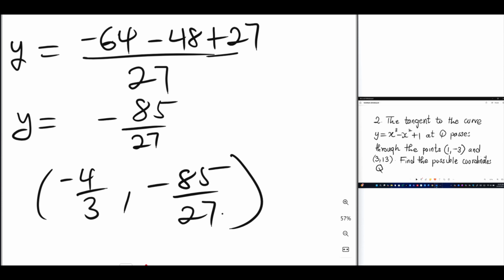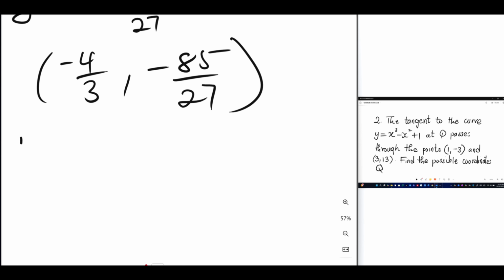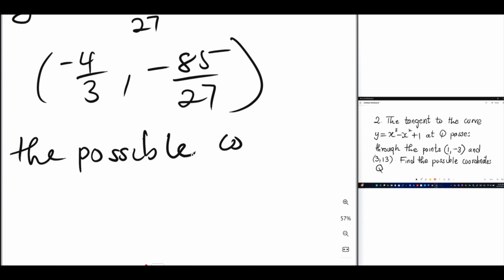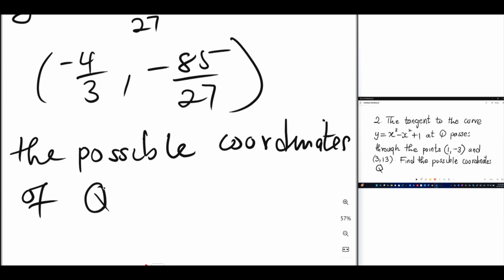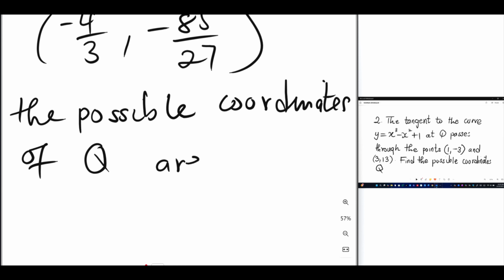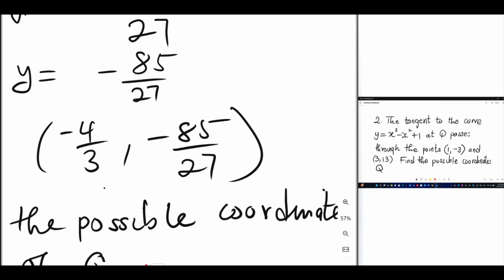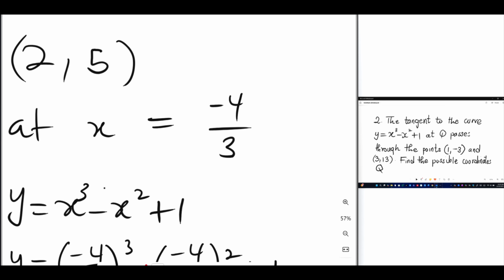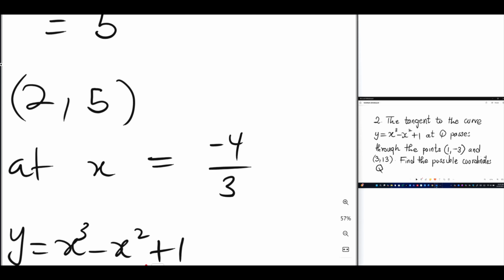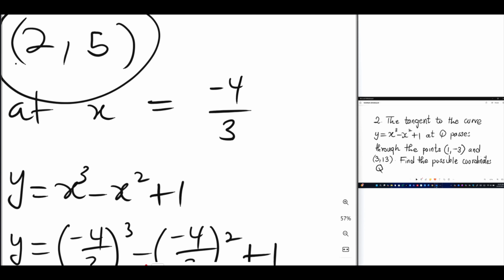All right. Okay. So we are to find the possible coordinates of point Q. So we conclude that the possible coordinates of point Q are, the first one we had it to be 2 and 5.